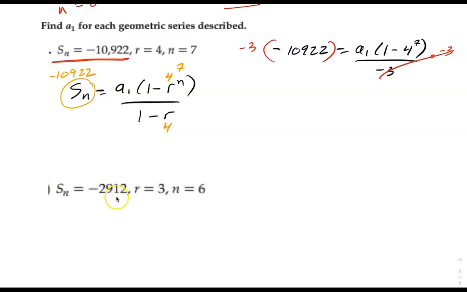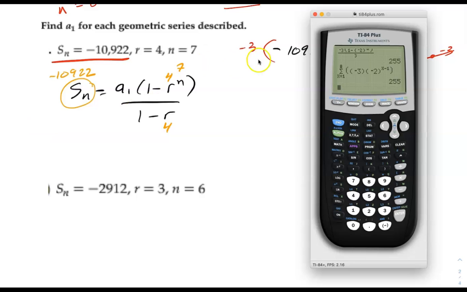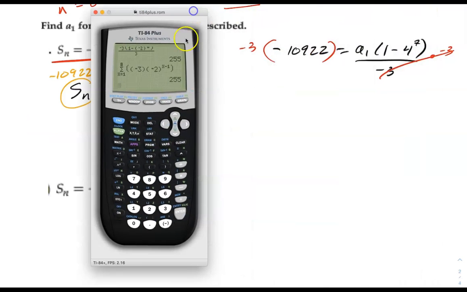I get that times -3, which, again, I'm not Art Benjamin, not a math magician. So -3 times -10,922, and I get 32766 equals A1 times 1 minus 4 to the 7th.